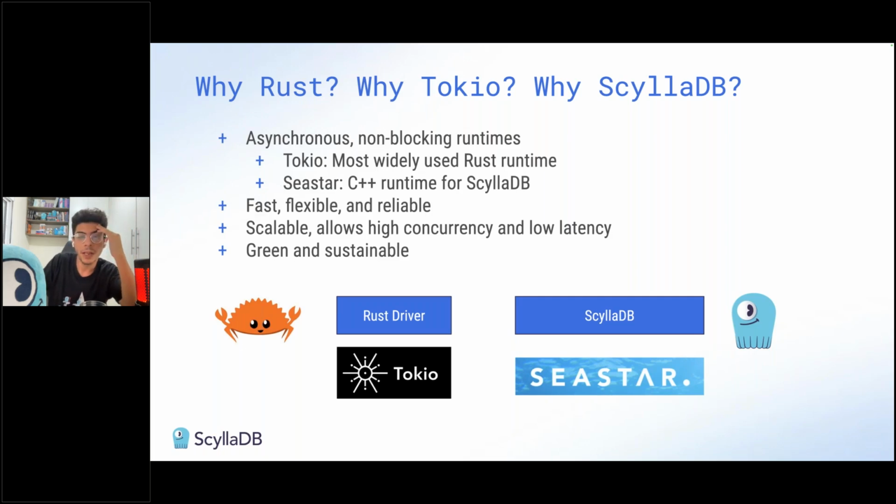Because ScyllaDB really has this special focus on extremely high throughput and low latency applications. Compared to Rust Tokio, which is the asynchronous framework I previously mentioned, in ScyllaDB we make use of a framework which we call Seastar, which is basically an asynchronous C++ runtime which follows a polling architecture.